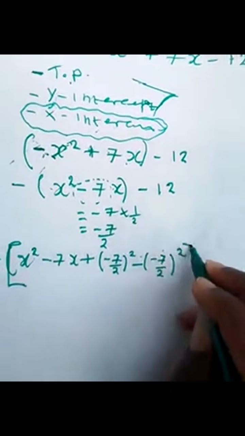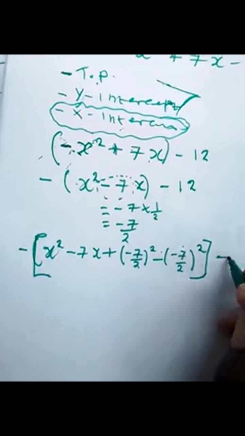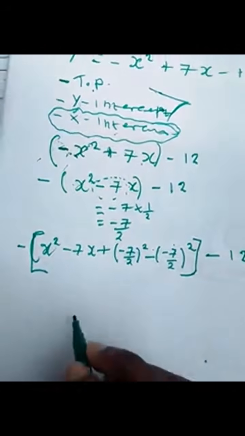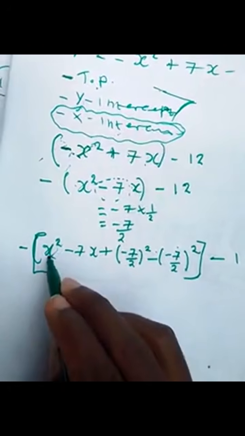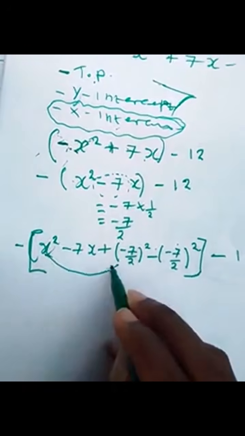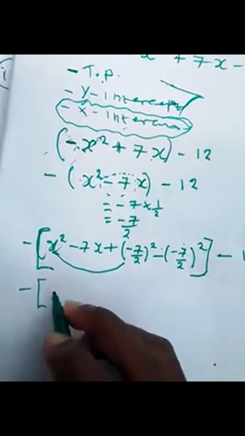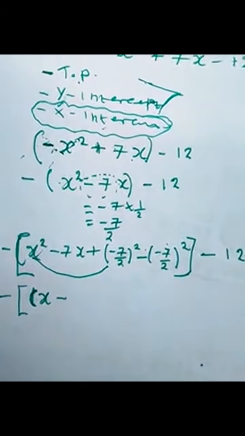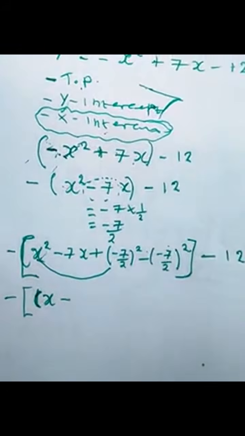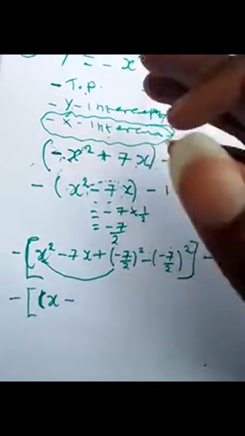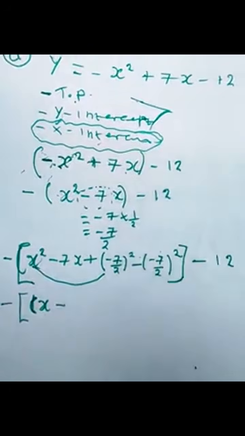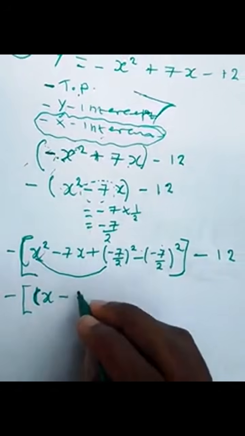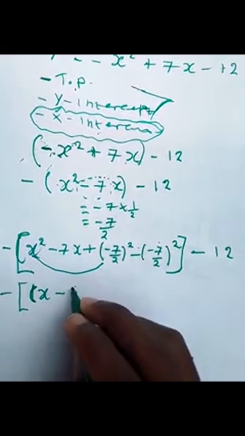We close the bracket, then I'll say minus 12. Since this and this are raised to the power of 2, I'm going to put them under the same parentheses. You can use any procedure for completing the square that you are used to. I know there are many procedures, but this is among them, and we still end up with the same thing. Don't stress. So x minus 7 over 2, power 2.